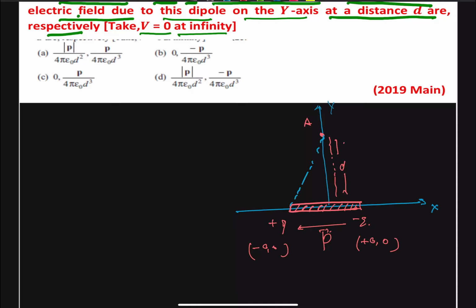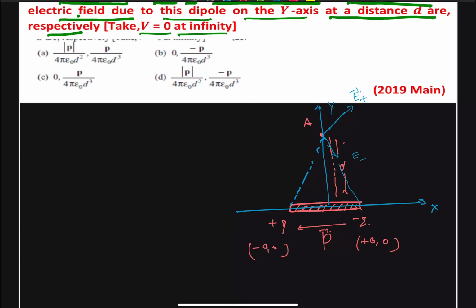Because of this we can just draw an approximation of the electric field. Because of the positive charge, we are having an electric field, let us call this E positive, and because of the negative charge, we are going to have an electric field in this direction, let us call this E negative.